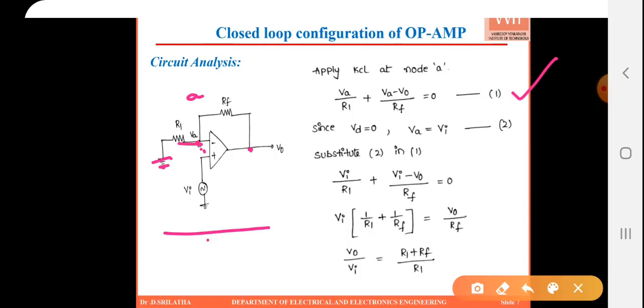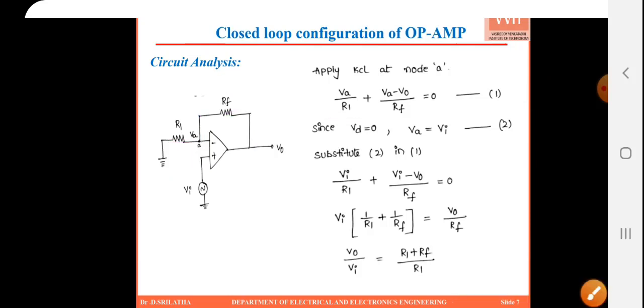Here it is VA and this is V naught. In between that we have the RF resistance. So two branches are connected to this node A. Then after applying KCL, we will get this equation.